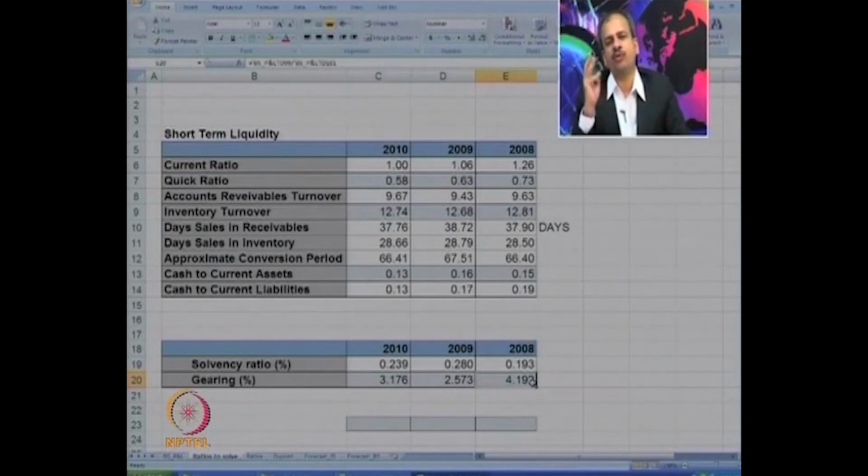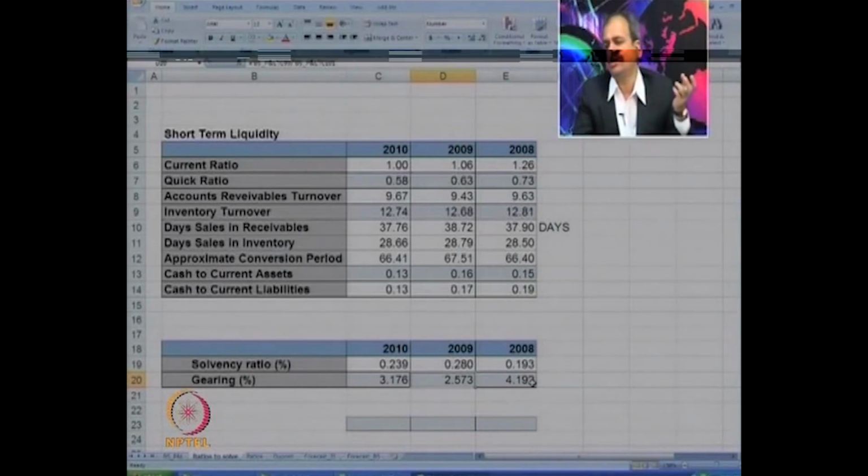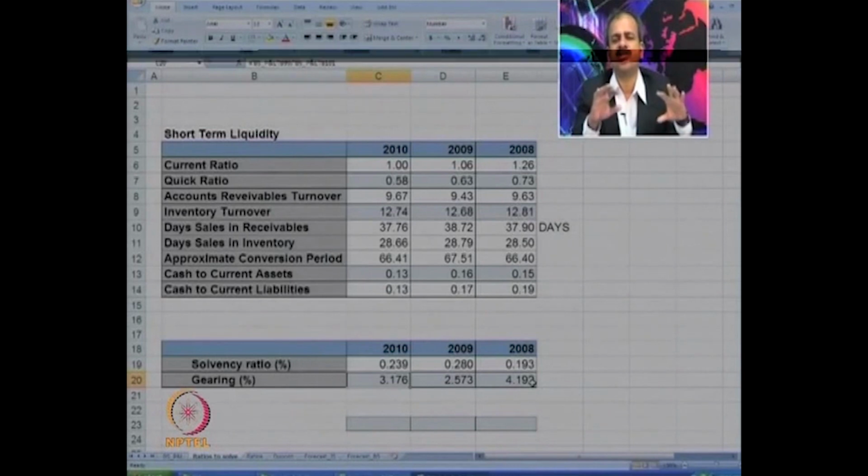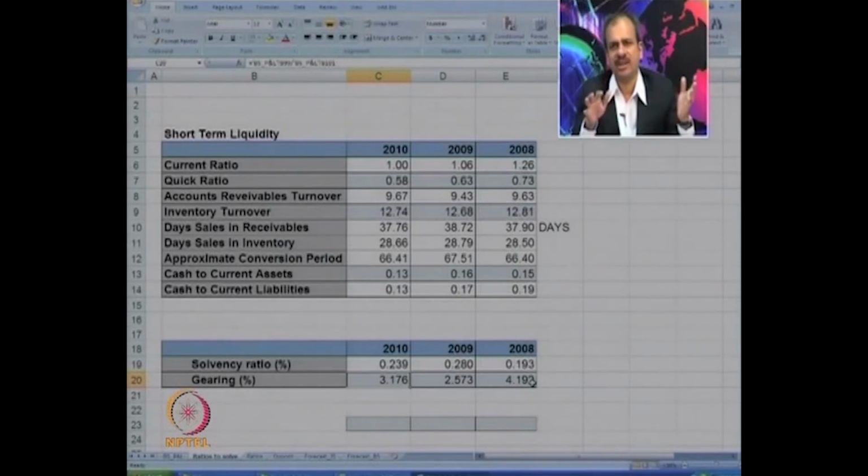You can see it was about 4, which does not show a very good position because the company has too high outsiders' funds versus their own funds. Then the proportion came down to 2 and again it has increased to 3. So this shows that the company's long term solvency is not that good. They are heavily dependent on outsiders' funds for financing their business.